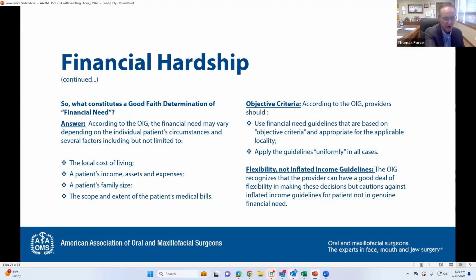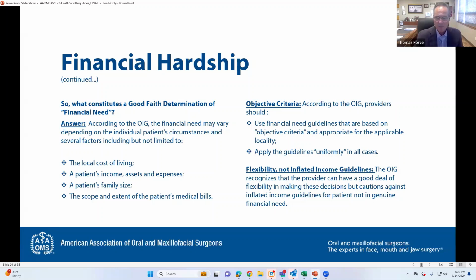You should get their tax returns. If they're on unemployment, get proof they're on unemployment. The cost of living, patient size, they have 8 kids, where they live, how much money they earn, what's their adjusted gross income for the prior year, is this a medical illness, scope and extent of medical bills.